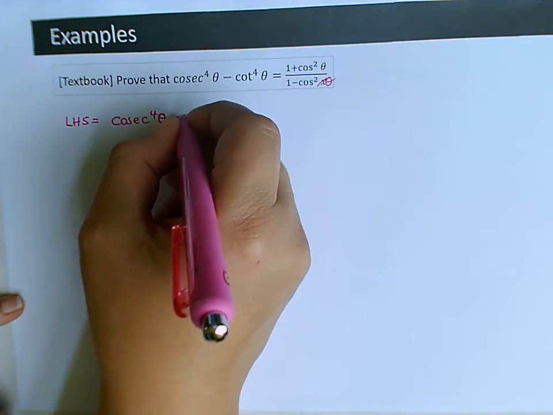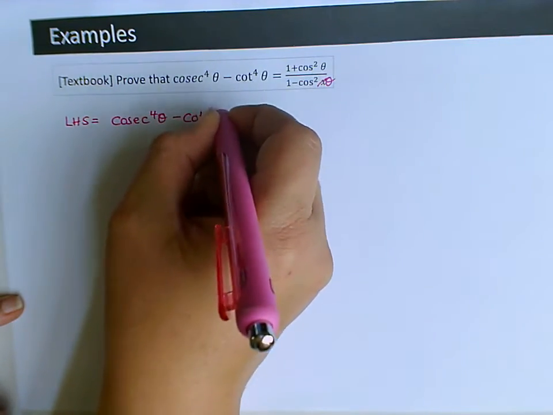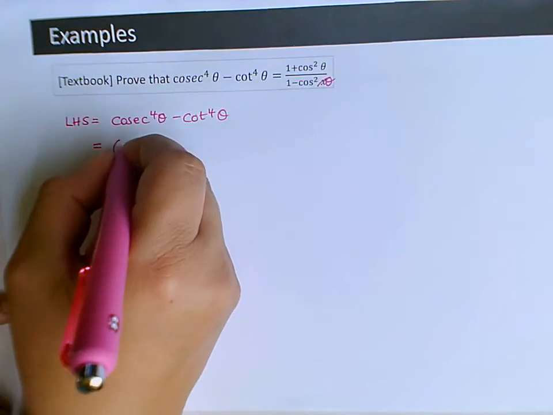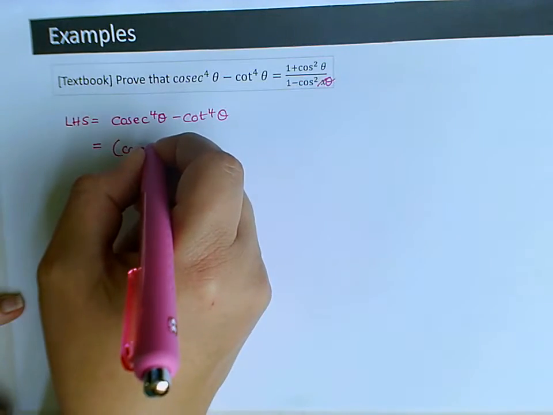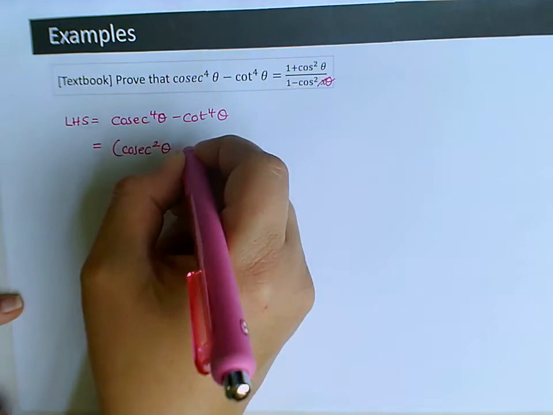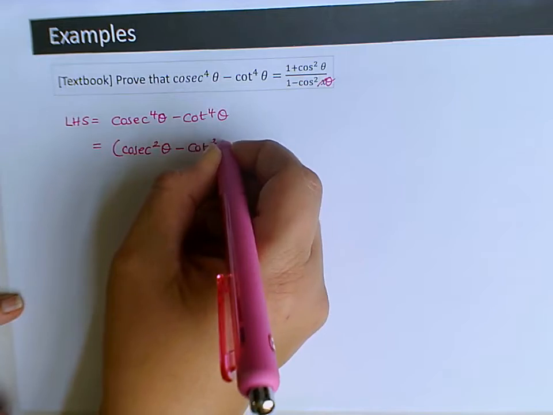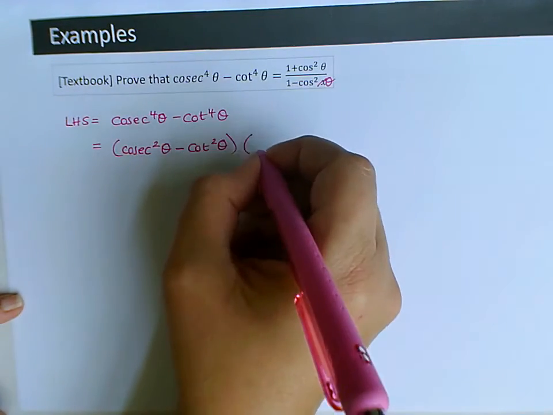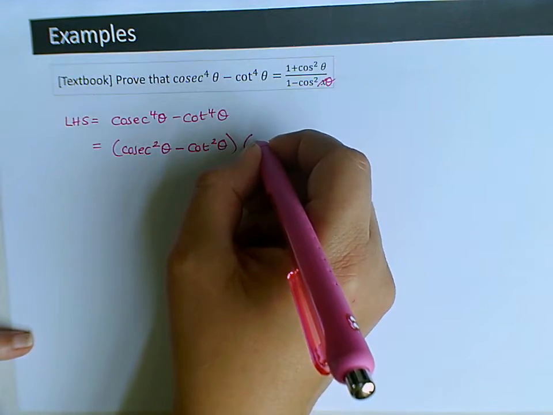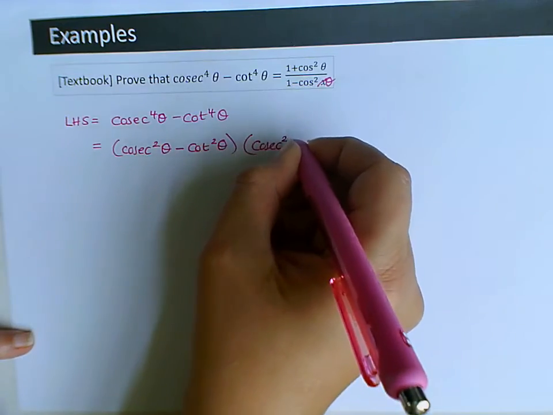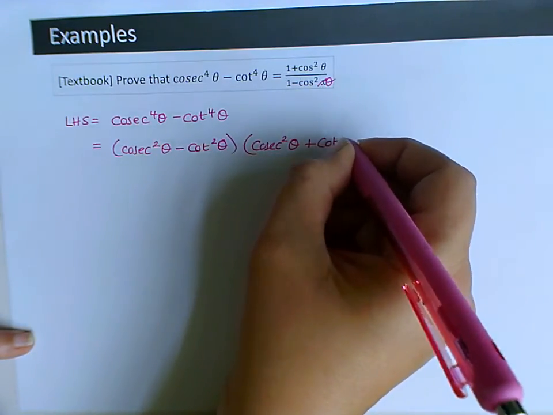And you do need to get rather good at spotting the difference of two squares. So here, this would be the same as cosec squared theta minus cot squared theta, times cosec squared theta plus cot squared theta.